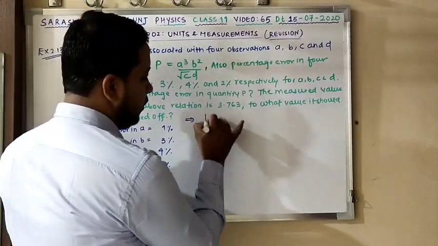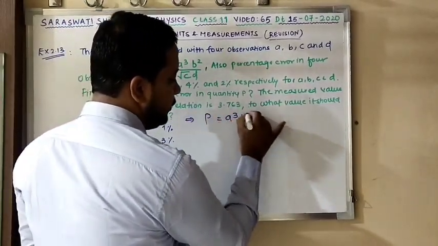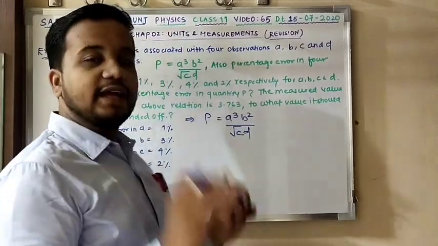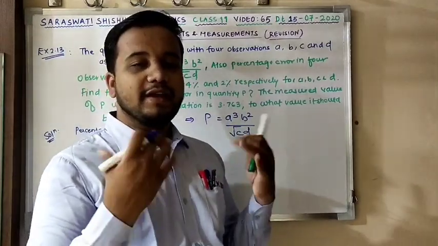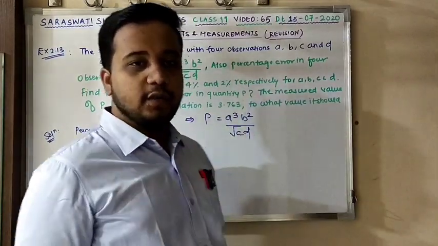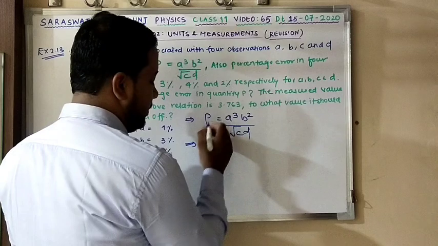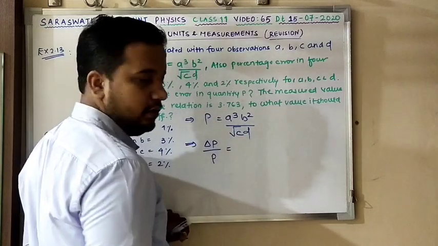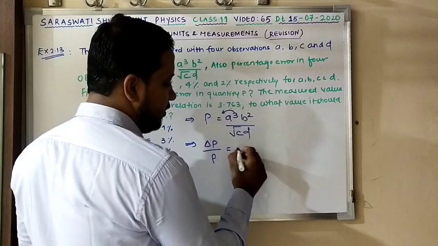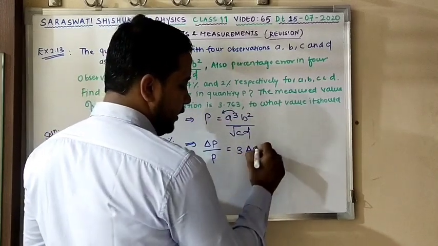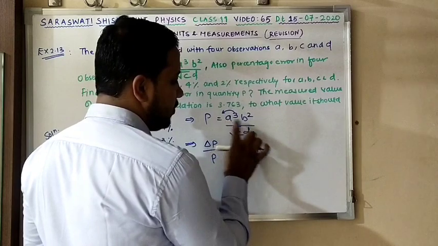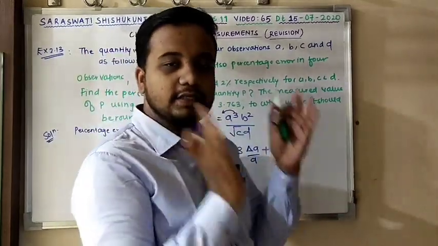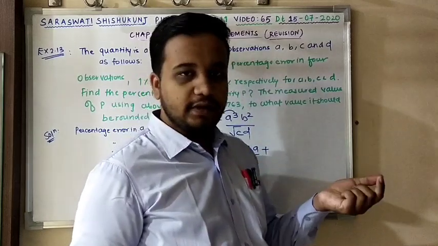Now first of all, what you need to do is write the fractional error equation of this P. To write the fractional error equation for any physical quantity, you just need to remember one thing: the error in that quantity upon the original quantity, that is fractional error, and the power will come ahead of delta A by A. Whether the quantities are in multiplication or division, your error is always the sum, yes or no?